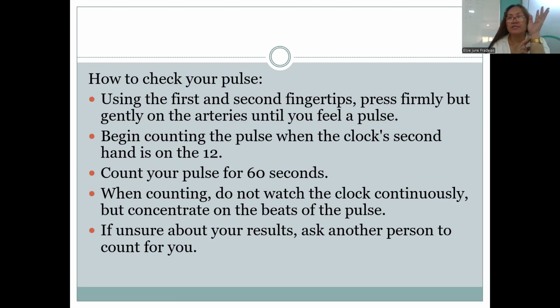Then begin counting the pulse when the clock's second hand is on the 12. Count your pulse for 60 seconds. When counting, do not watch the clock continuously, but concentrate on the beats of your pulse. If you are unsure of your result, then ask another person to count for you.